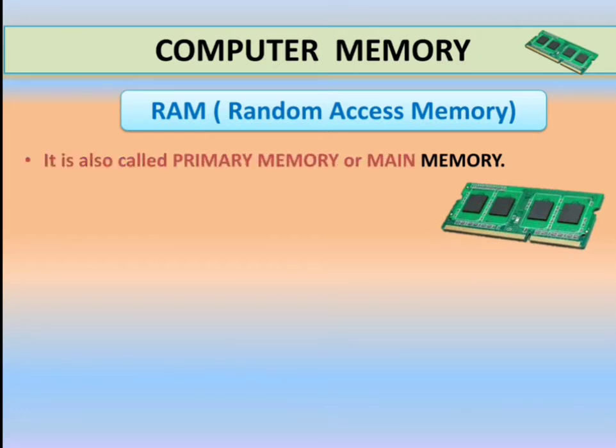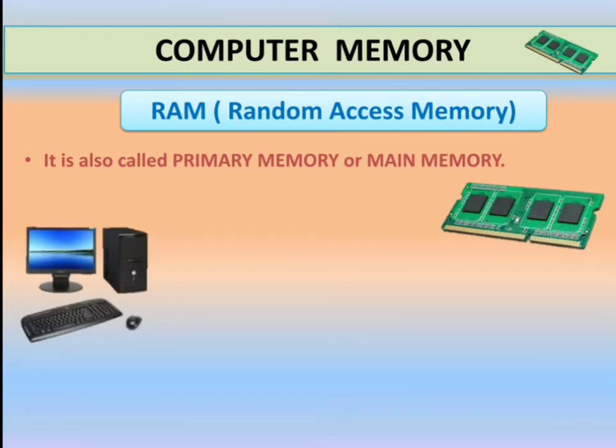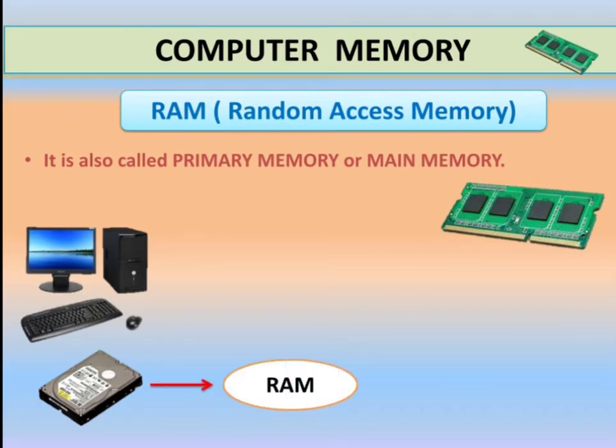Whenever we turn on the computer, certain files load from a storage device such as a hard disk to the RAM, and they remain in the RAM as long as the computer is running. Whatever work or program you are doing on the computer gets stored in the RAM temporarily, till the time the computer is running or till the time you are doing that work.